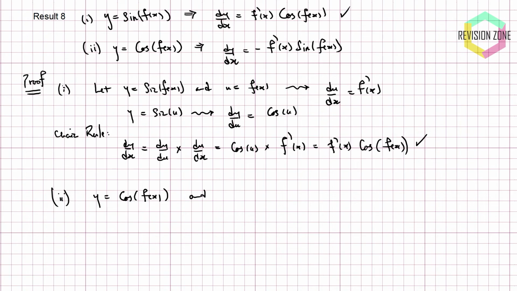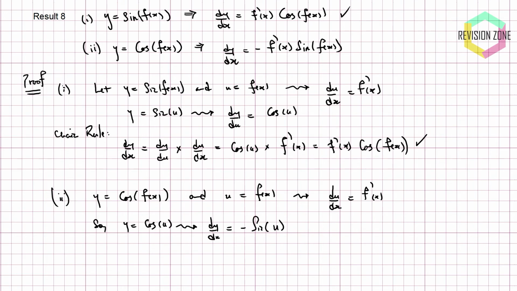So u equals f of x again. That tells us y equals cos u, and du by dx is f prime of x, and dy by du, the derivative of cos, is minus sine u, so I write that down.